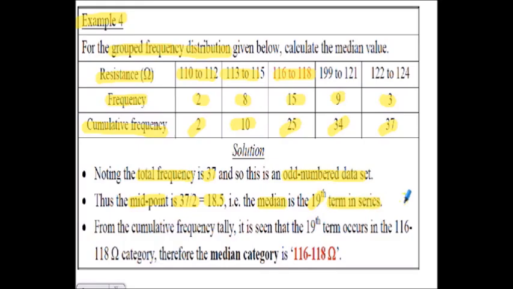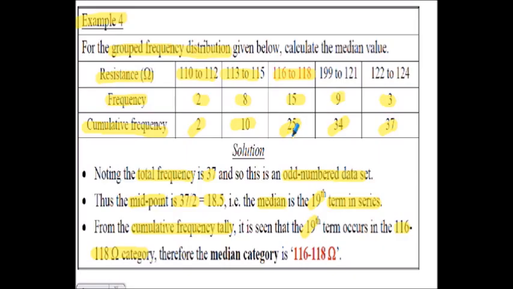Now we find this very easily from the cumulative frequency row above. From the cumulative frequency tally, it is seen that the 19th term occurs in the 116 to 118 ohm category. In other words, looking at the categories here, up to 10 occurs in the second category, up to 25 occurs in the third category.